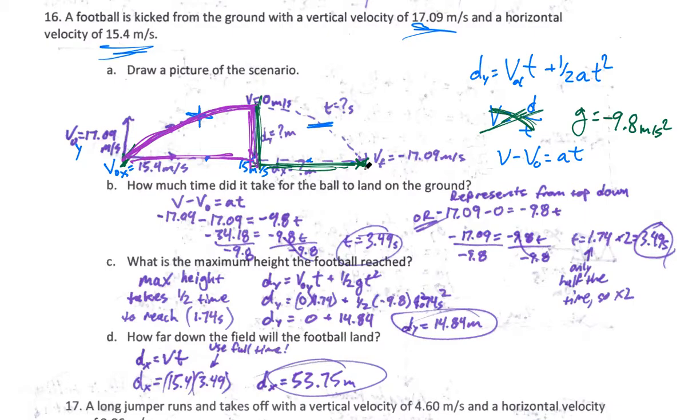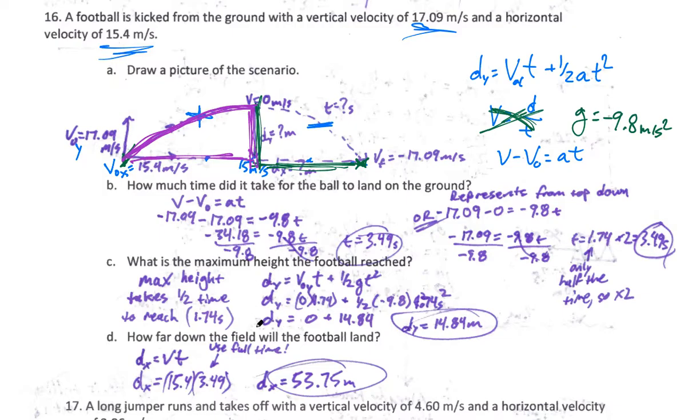I wouldn't use the full thing because the full amount of time would give me a height of 0, right? That's not my maximum height. That's my height right here at the end. Height at the top is the halfway point. All right, so I go to plug that into my distance in the y direction formula.